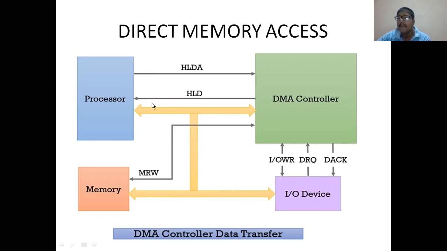The processor will be busy in some other work, so only whenever the processor is free can it give permission and perform the transfer of data from the IO device to memory. It will transfer the data only when the processor is free from some important works.